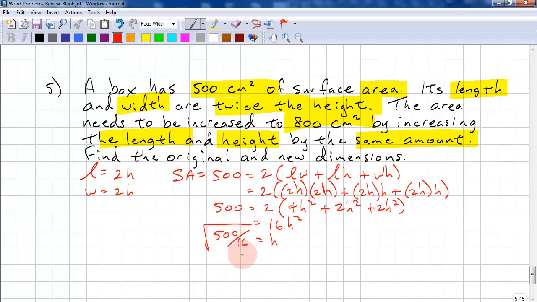And this can be simplified by dividing by 4. So we have 125 over 4. So h is approximately 5.59 centimeters. So L and W are double this, so that's approximately 11.18 centimeters.